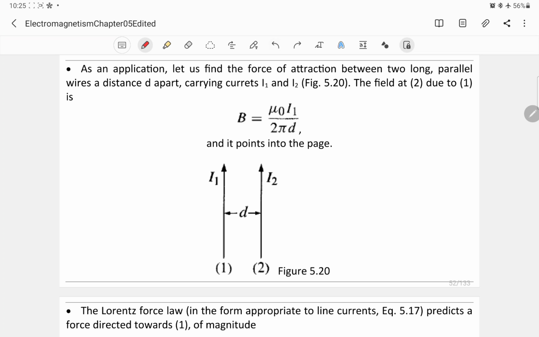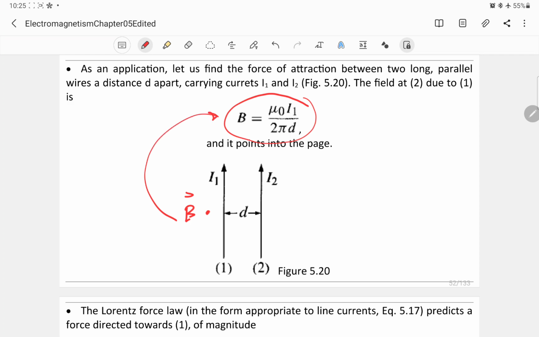What is the field due to wire 2 on wire 1? Of course we have calculated that, and this is just the field there. If you use your right hand, you curl the wire I2, and so you will get a B in this direction here.